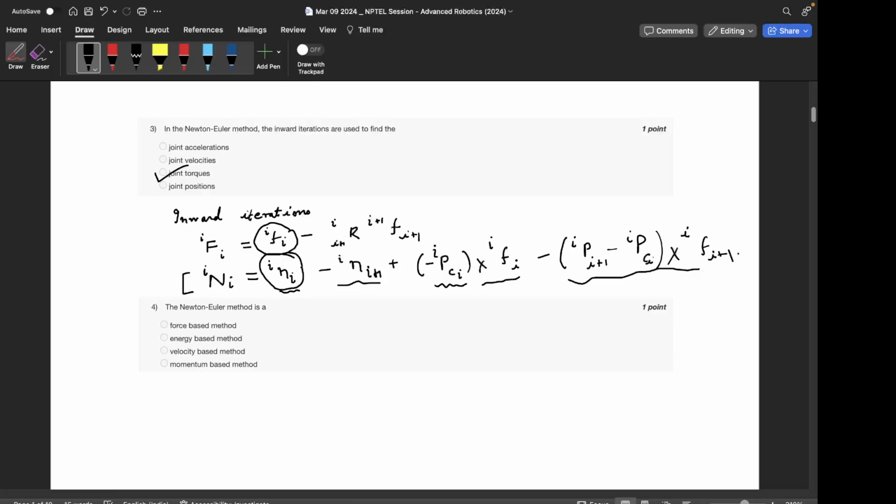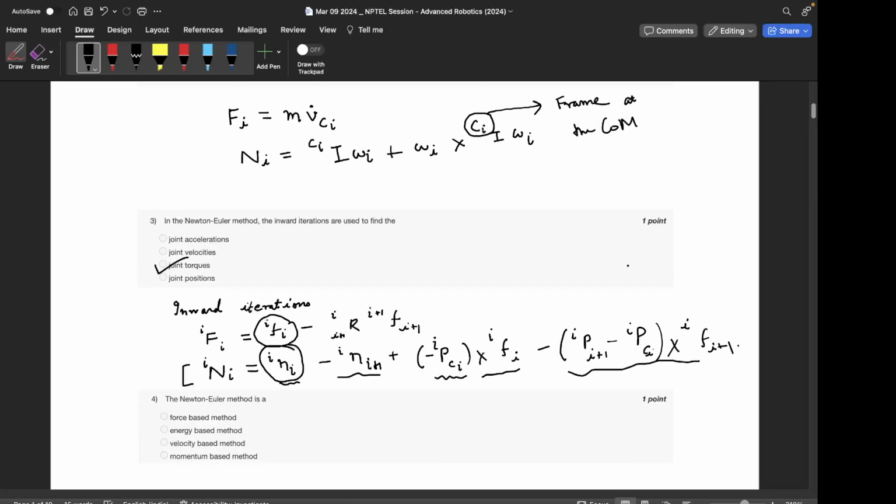We also assume that the link is in a static condition, right? So if there is gravity acting, then there would be holding torques acting on the joints. If there is no gravity, then the manipulator will be in a certain configuration. Okay, so let me just draw it.